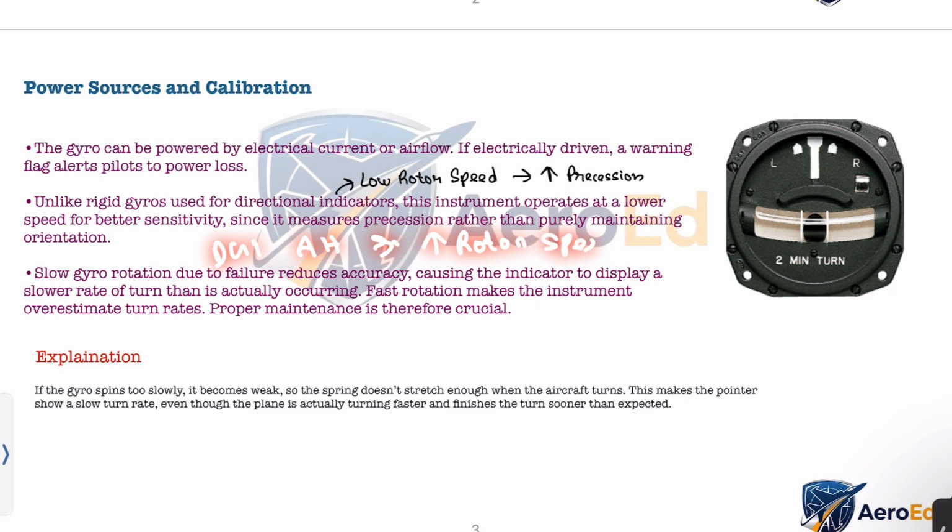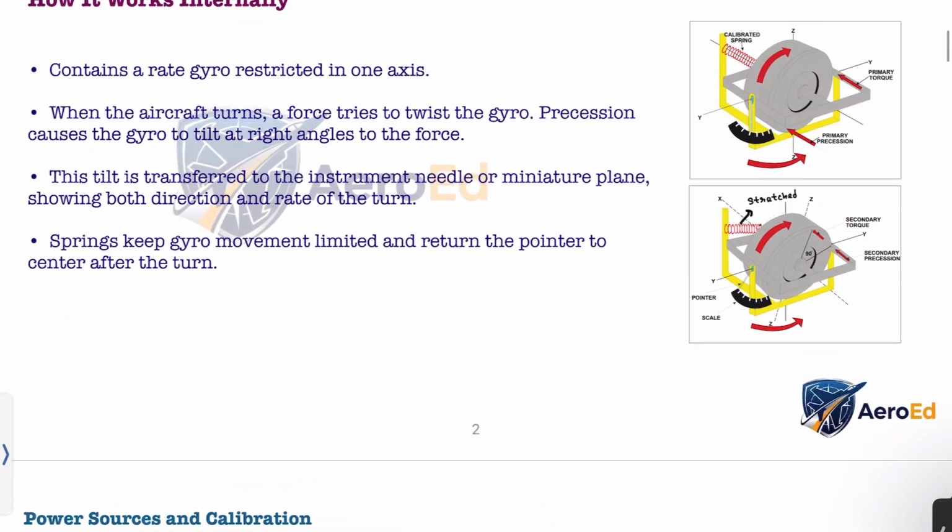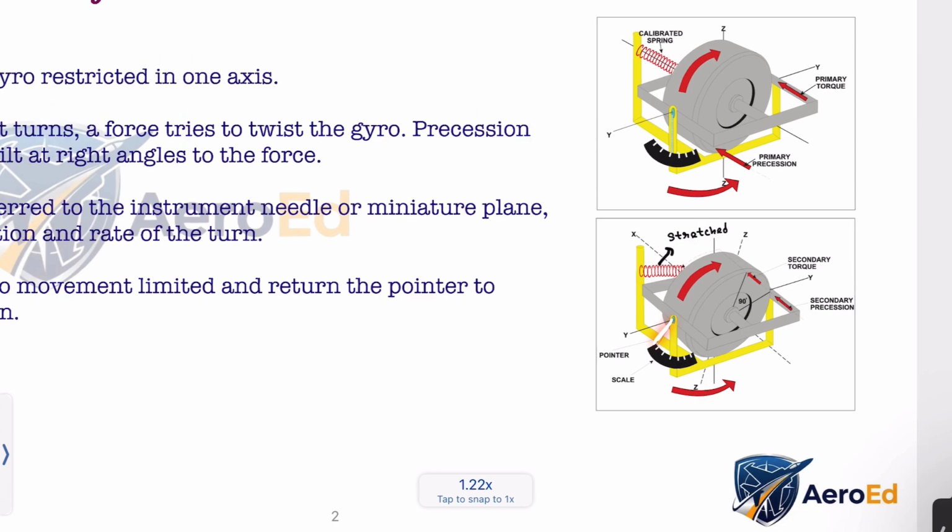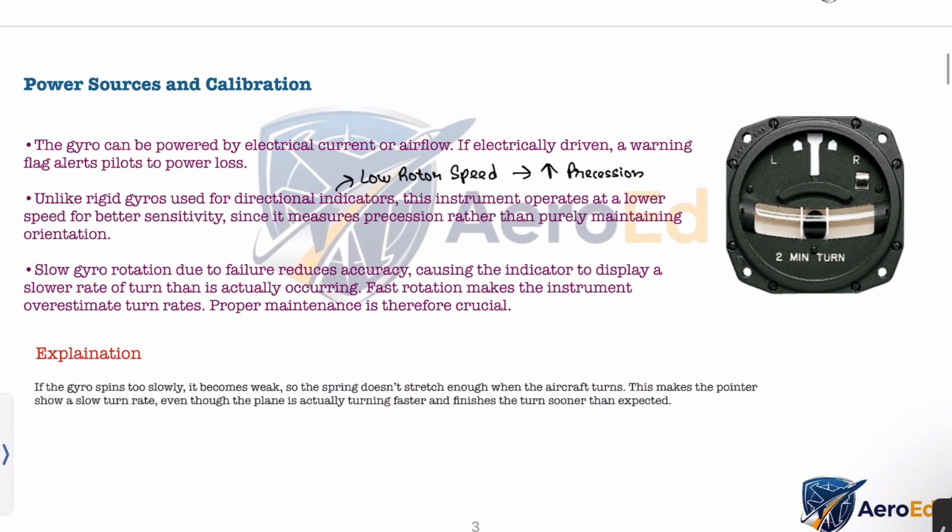But in this case we want precision, because by the tilting of the gyro, it indicates the rate at which the aircraft is turning and also the direction, right? So we keep the rotor speed low, which makes the precision more, which is helpful for us in this case.